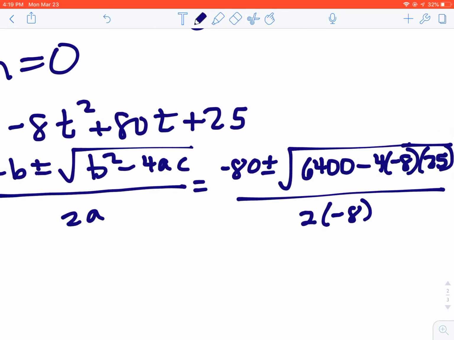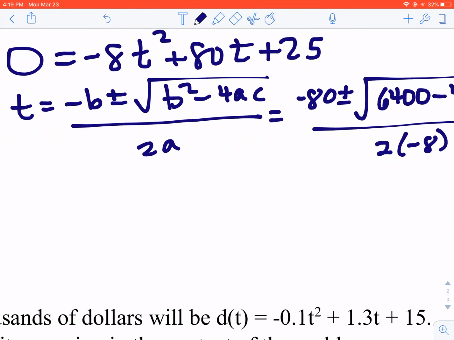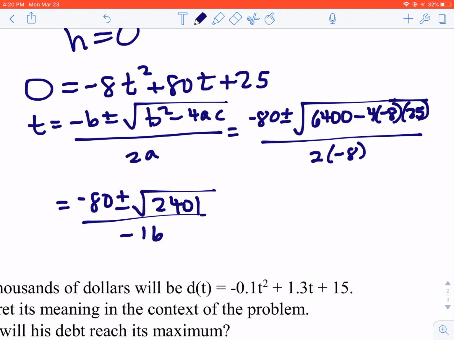Underneath the radical is 2401, and the square root of 2401 is 49.